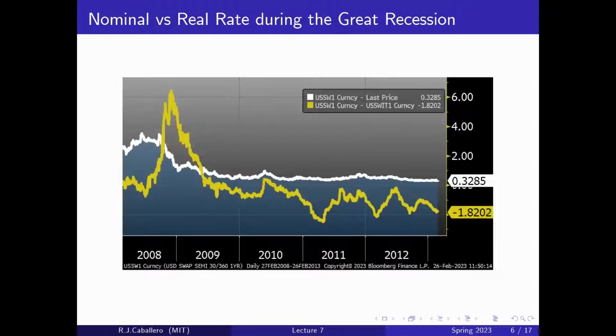But you see something else here. There's an episode, very clearly, when the opposite was holding, no? When the real interest rate went much higher than the nominal interest rate. And this is despite the fact that, you see, they even cross in opposite directions. Here there was a sharp decline in the nominal interest rate and a sharp rise in the real interest rate. What happened? What was happening there?